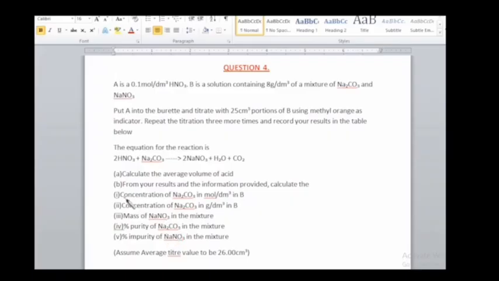So question 1 there says concentration of sodium trioxocarbonate in mole per dm cube in B. 2 is concentration of sodium trioxocarbonate in grams per dm cube. 3 there says mass of sodium trioxocarbonate in the mixture. 4 says percentage purity of sodium trioxocarbonate in the mixture, and 5 is percentage impurity of sodium trioxonitrate in the mixture. For this particular one, we are going to be using 26.00 centimeter cube as our average titre value. So question 4.